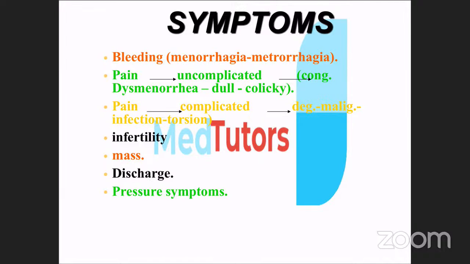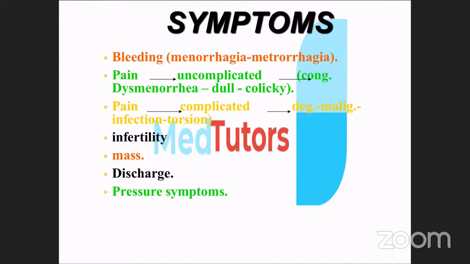In some patients, there will be metrorrhagia, mid-cycle or intermenstrual bleeding. This is particular when there's a significant submucous component of the fibroid.